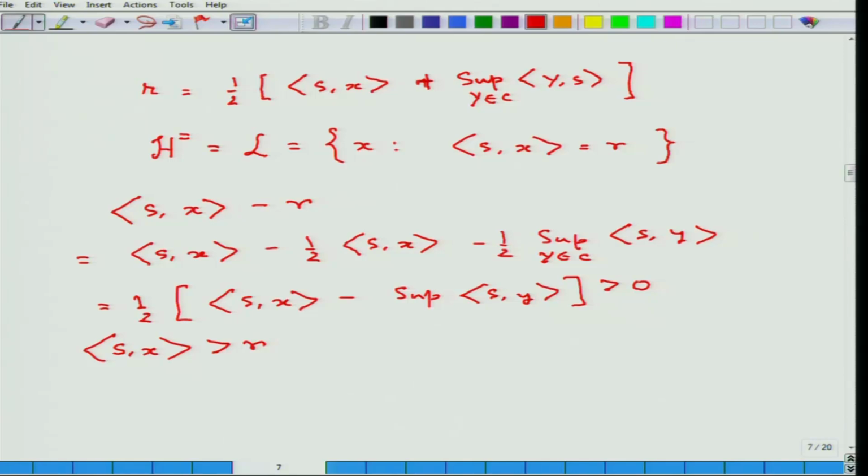Similarly, you can show that for all y in C, S of y is strictly less than R. Show this. So, this is my required hyperplane which strictly separates. So, we have mathematically demonstrated this procedure.